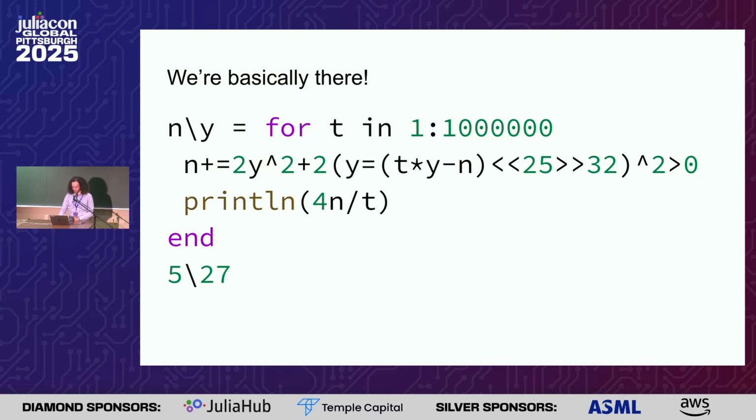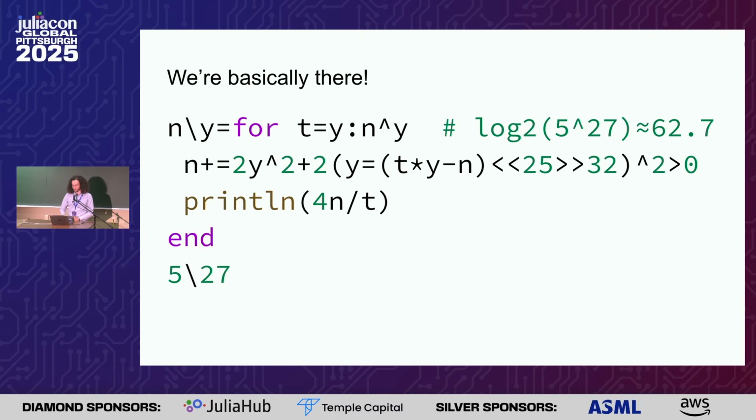Okay. We're almost there. This is what we have so far. We've got a big number in there, which is annoying, but most of the rest of it looks like the final thing. We chose 5 and 27 for a reason, and that's that 5 to the 27 is almost the biggest number we can represent within 64 bits.